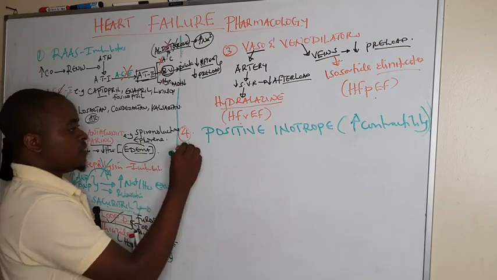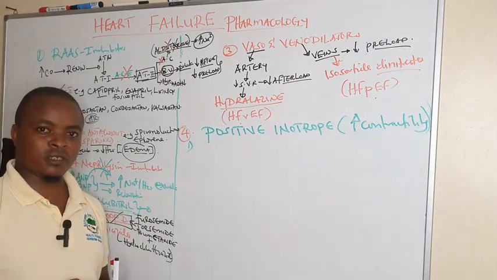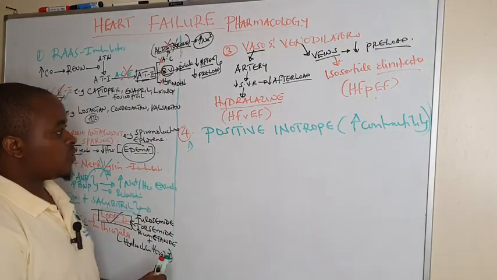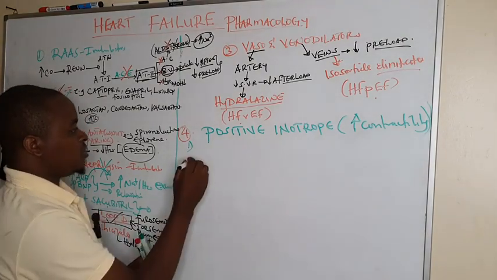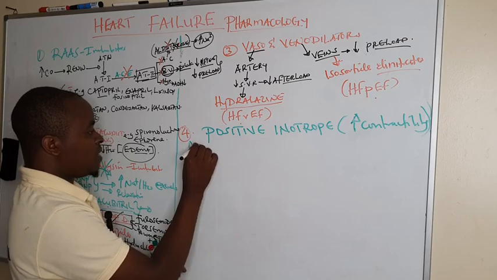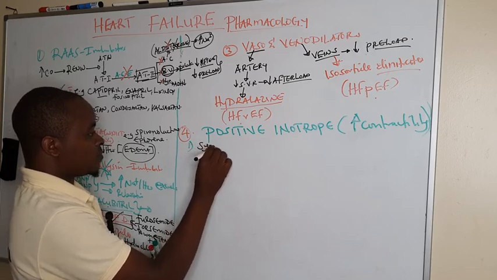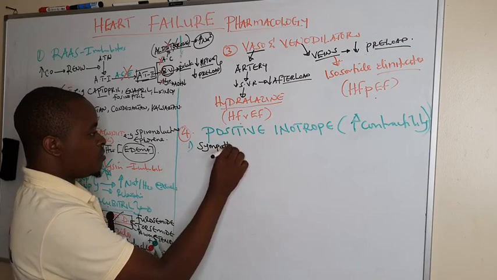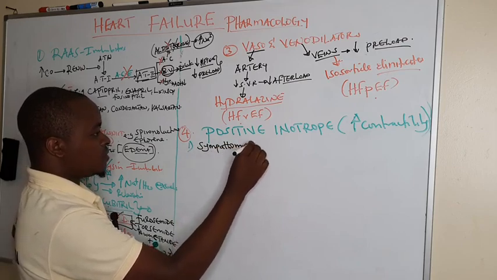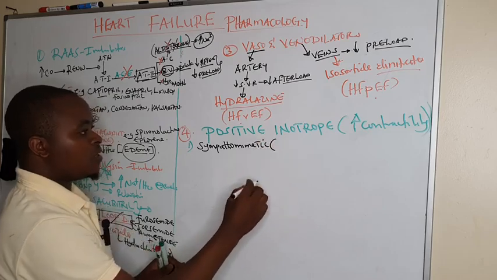And they are categorized into 3. We are going to have the sympathomimetics. Sympathomimetics, those are the beta agonists.